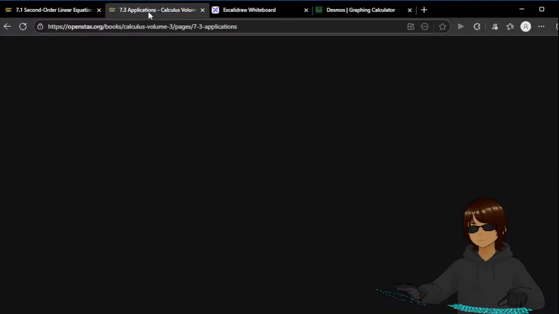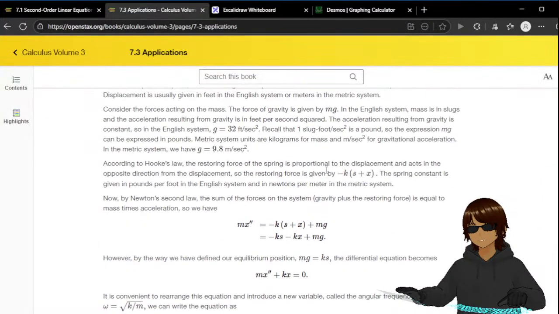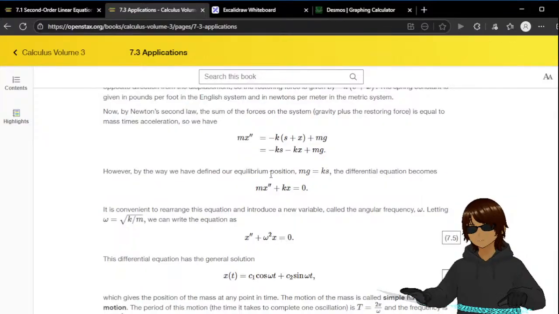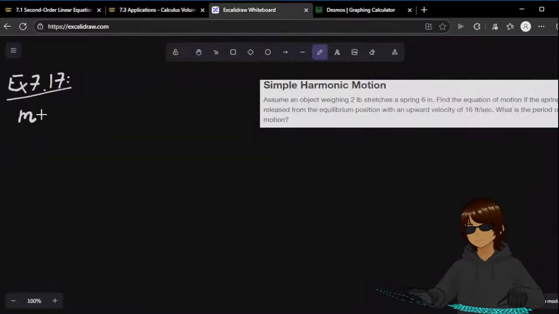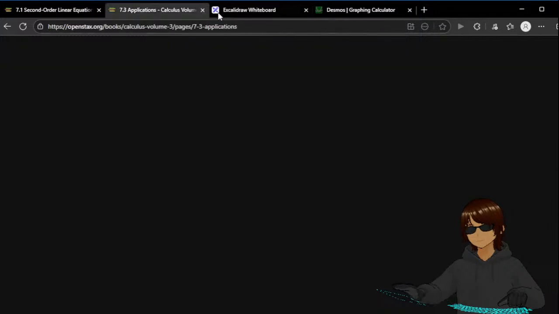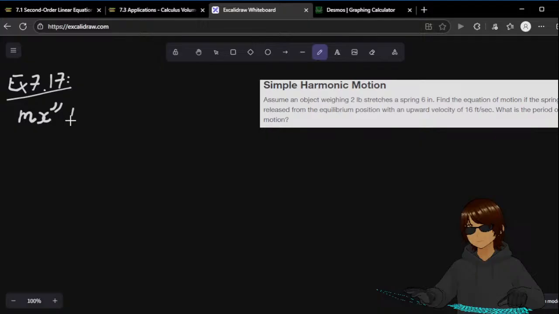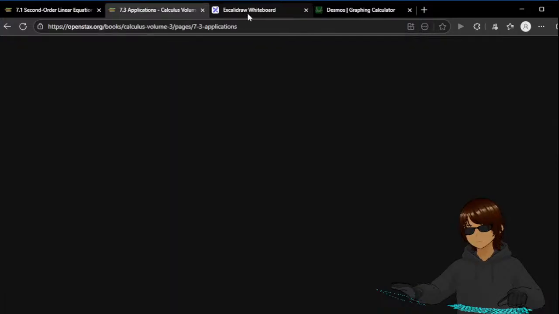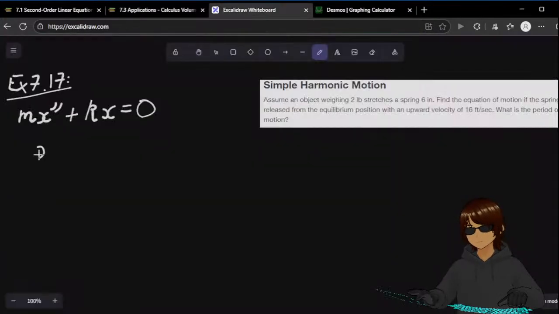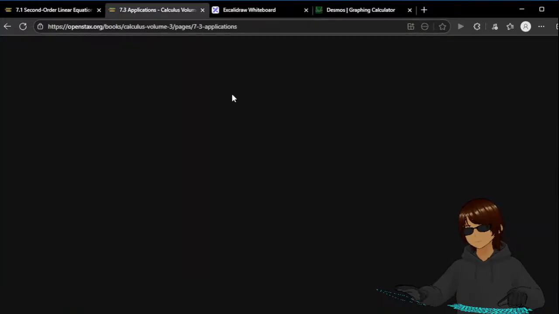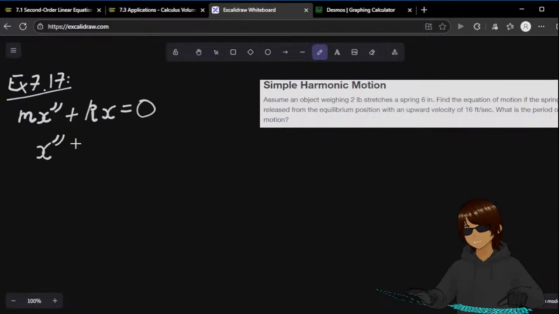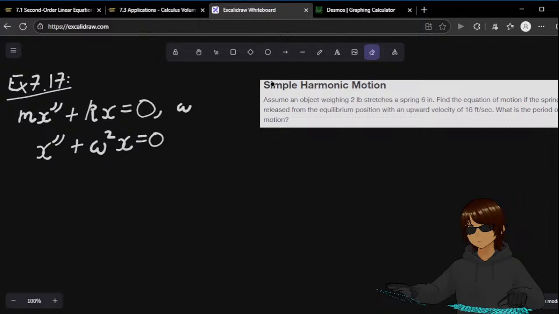So we have the differential equation becomes m times the second derivative of x, and then we are going to write omega x, where omega is, I will just write it here.